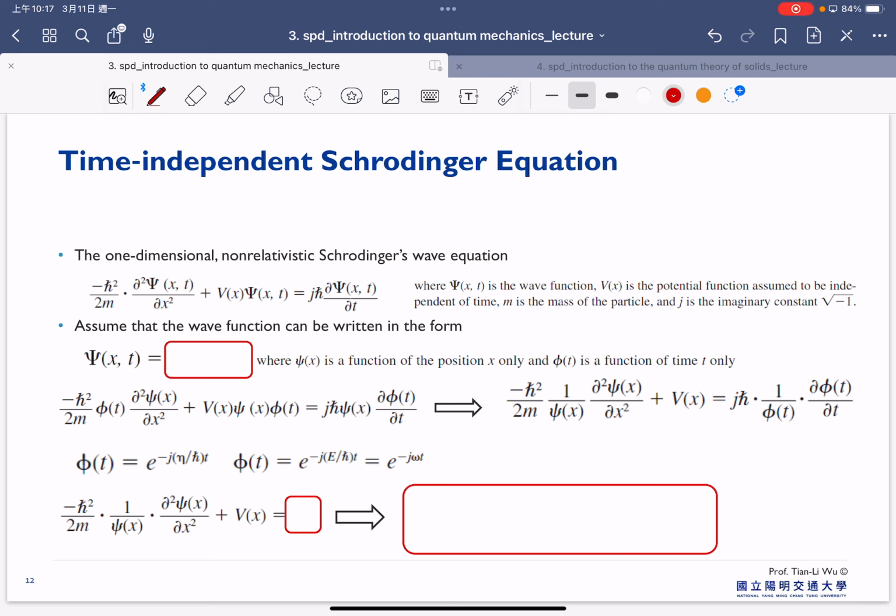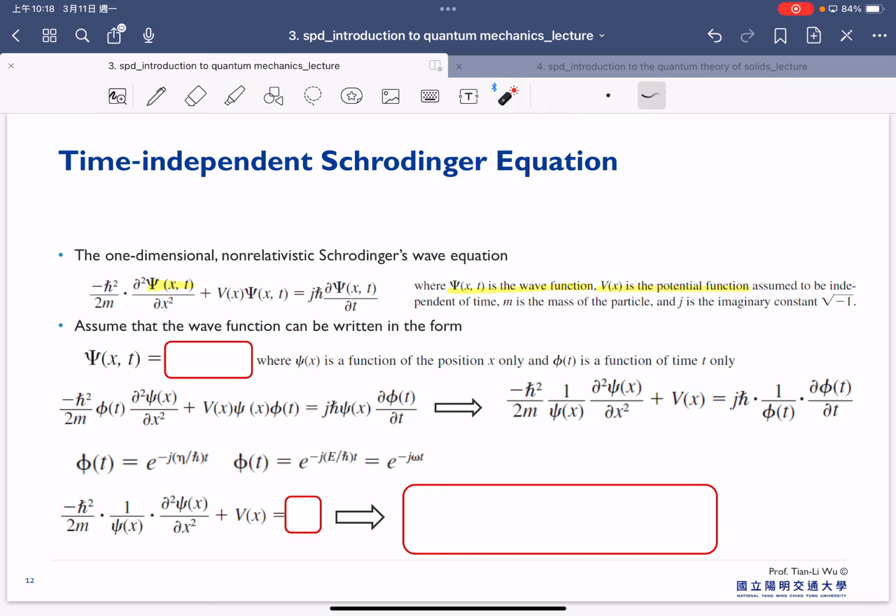So we will use the one-dimensional Schrödinger wave equation, where the equation is shown here, phi(x,t) is a wave function, and V(x) is a potential function. That's the general one-dimensional wave equation.